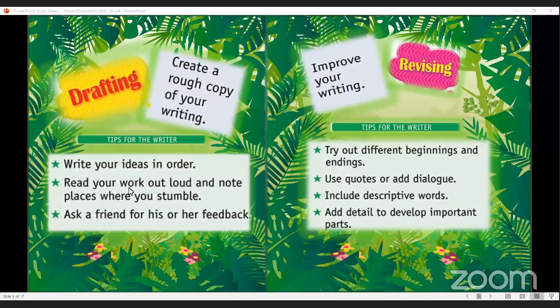Okay, and then you write it all down, all the ideas you get, and then you read it aloud to yourself. And you'll see when you read it aloud that some areas might sound like they don't make sense. Then you know you must go fix that. Okay, or someone else can say, what if you add this, or what if you leave out that? Okay, so that really helps a little bit.